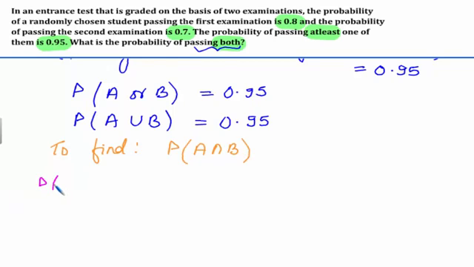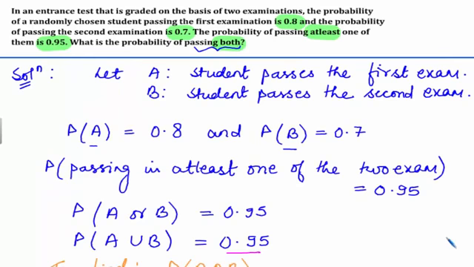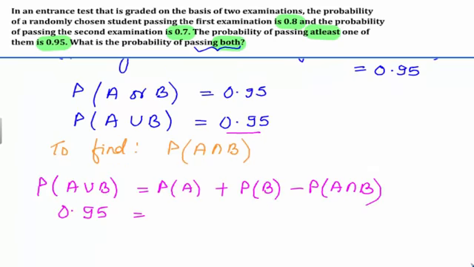Now we know that probability of A union B is given by probability of A plus probability of B minus probability of A intersection B. Now let us substitute the values. Probability of A union B is 0.95. Probability of A is 0.8 and probability of B is 0.7.